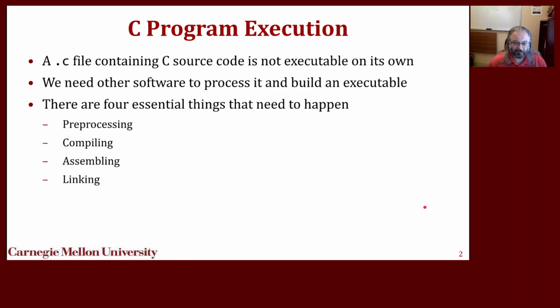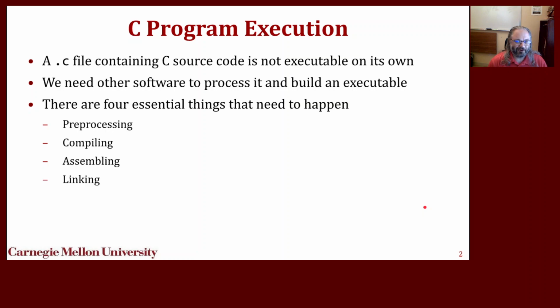That process of going through the source code, processing it, parsing it, turning it into an executable program involves 4 essential steps. Those 4 essential steps are pre-processing, compiling, assembling, and linking. Now, these 4 things are 4 distinct processes that happen when we are building our executable.